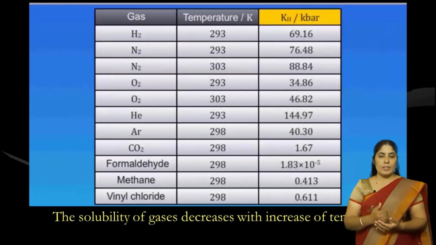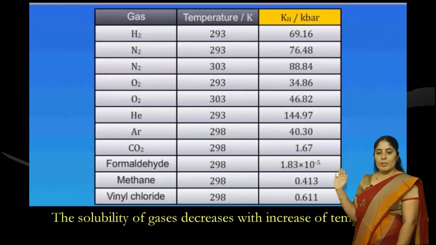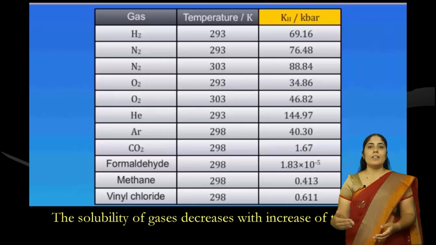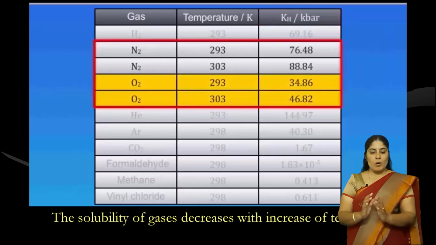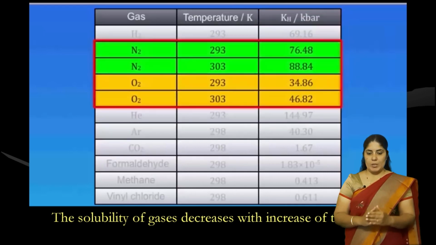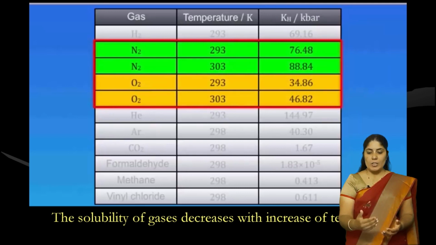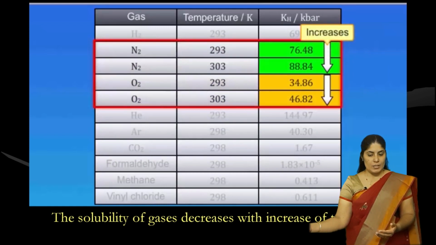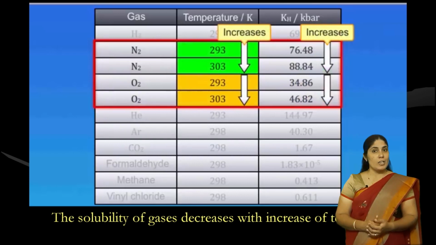You can easily see it here in the table. Here you can see a tabular column where the gases, their temperature and the measured Henry's constant are given. Let's concentrate on two examples of gases, nitrogen and oxygen. You can see that nitrogen at 293 Kelvin has a Henry's constant of 76.48 and at 303 Kelvin it is 88.84.